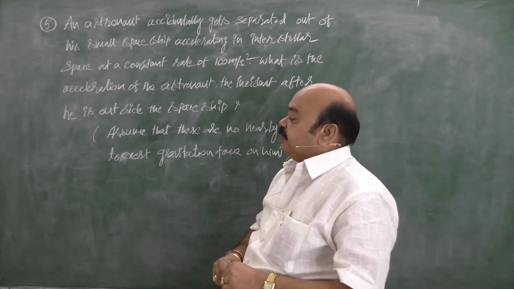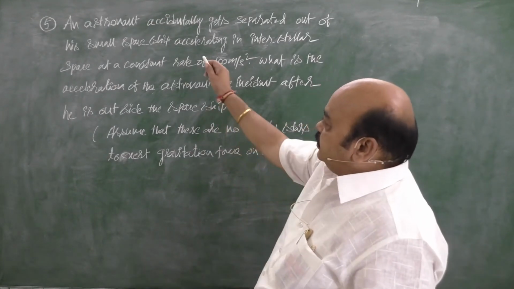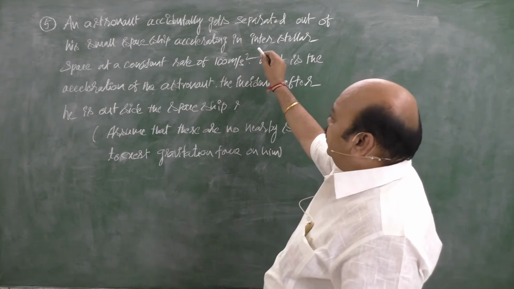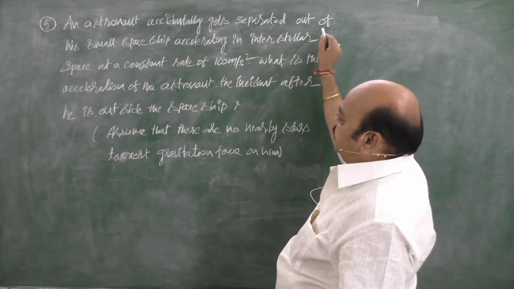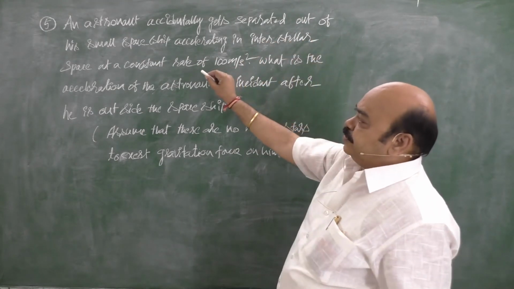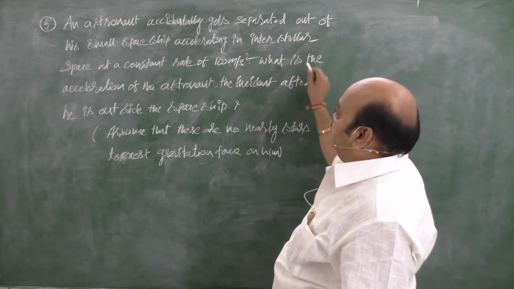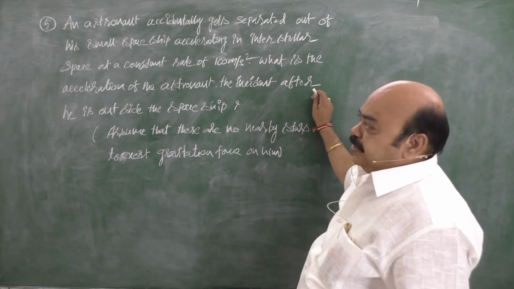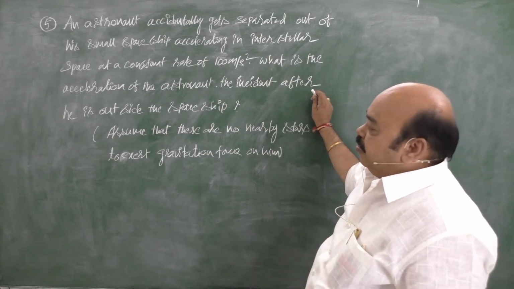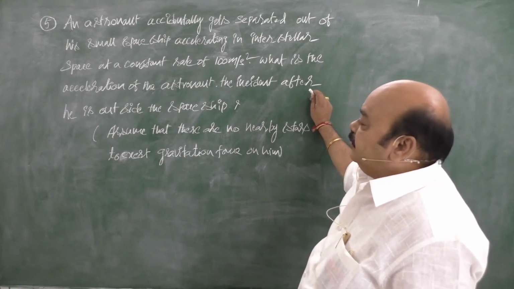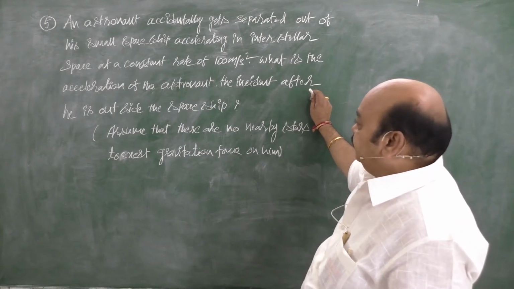Next problem. An astronaut accidentally gets separated out of his small spaceship, which is accelerating in interstellar space at a constant rate of 100 meter per second square.